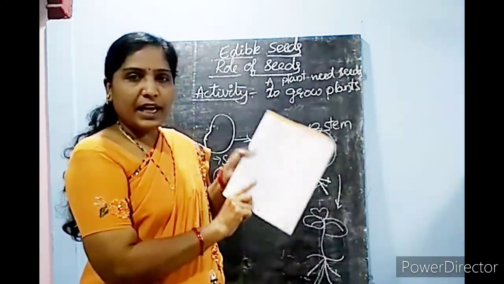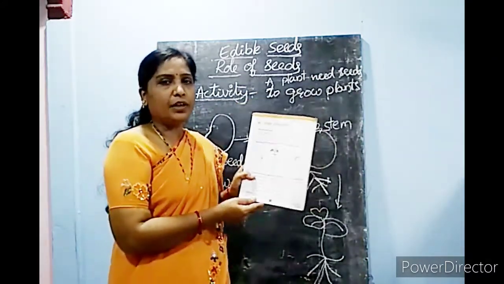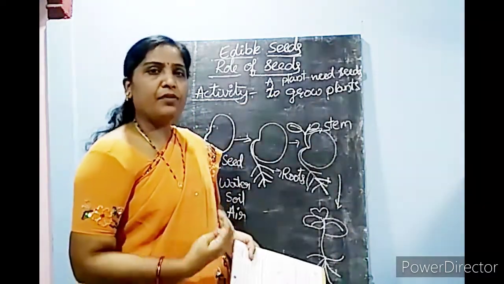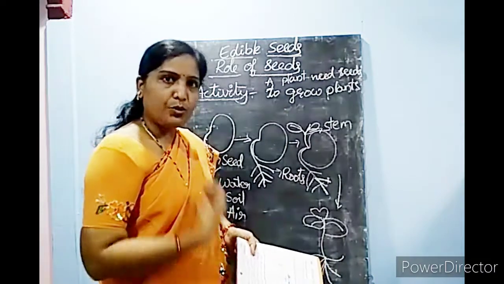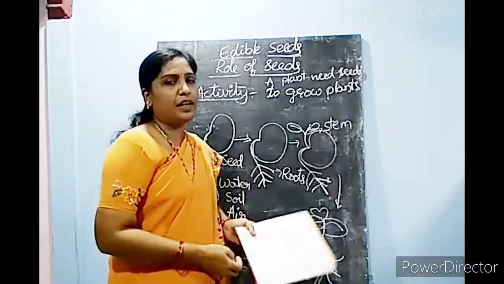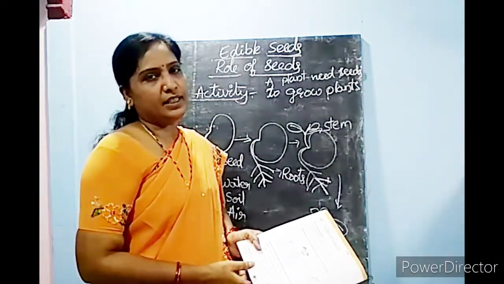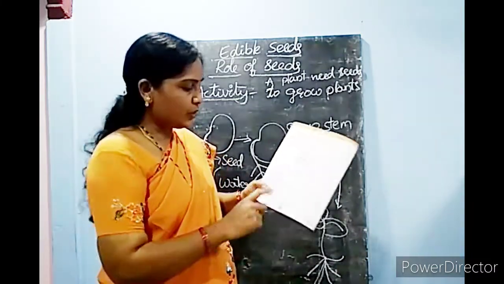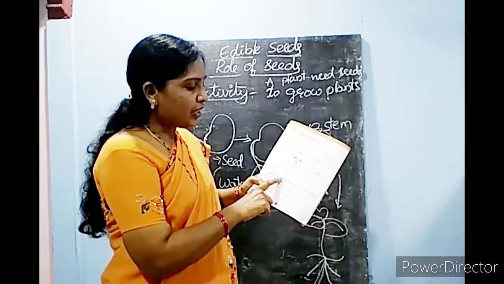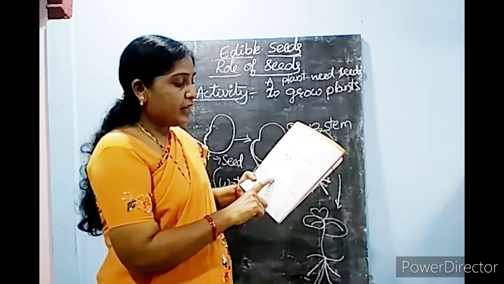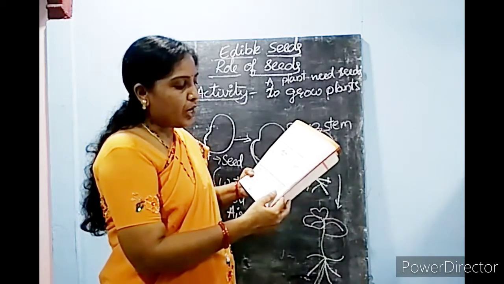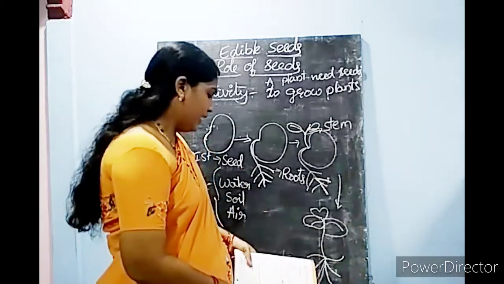Okay, and the last one, very important. If you write this answer on your own, definitely we can understand that you understood this concept well. You got your lesson. Okay, so what you all need to do in the last question: imagine you are the seed of an apple and write what will help you once you are sown in the soil.